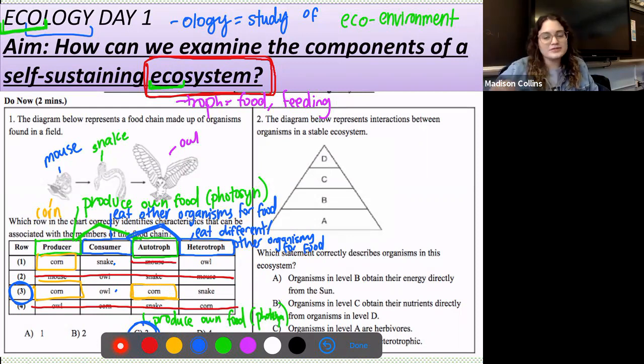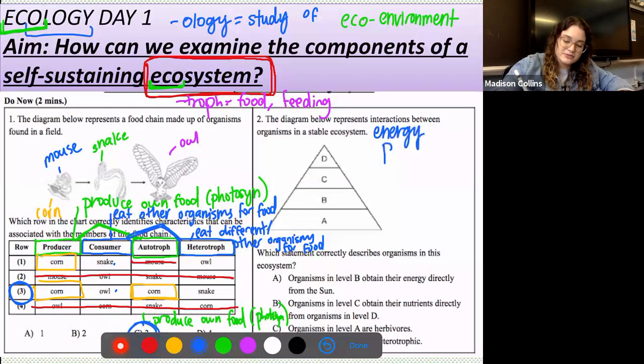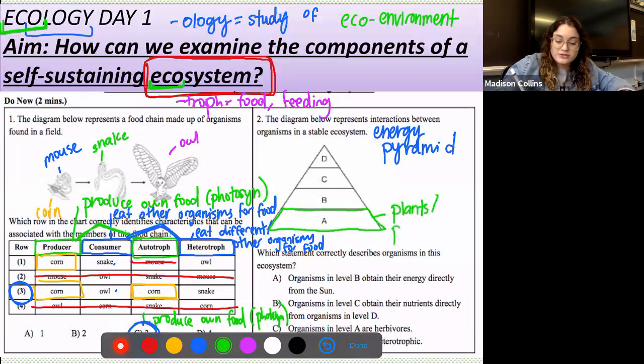All right, moving on to the next. The diagram below represents interactions between organisms in a stable ecosystem. Now, what are we looking at here? This is going to be what's known as an energy pyramid. So we're looking at how energy is transferred through an ecosystem. And anytime you see this pyramid, this bottom row, this biggest row at the bottom, is always going to be plants or producers or autotrophs, right?